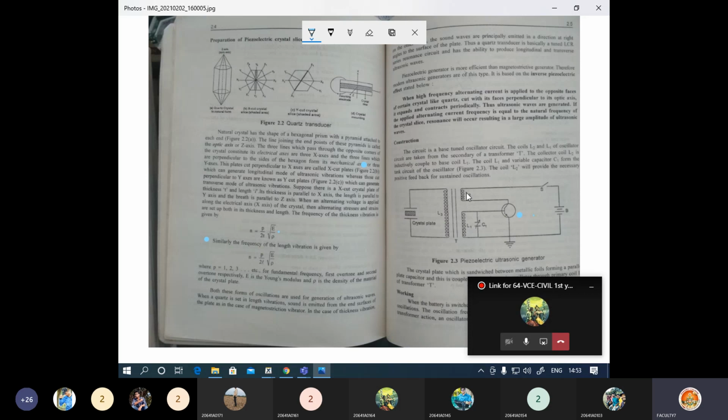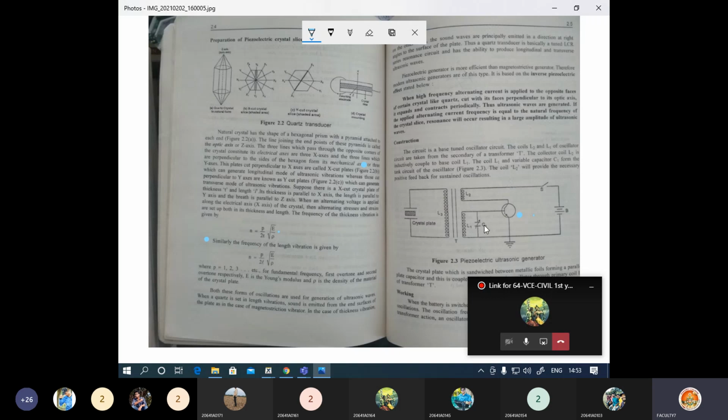Simple thing here: we take a transformer, and in the primary part we place the crystal, and in the secondary we utilize these two coils, and depending on that we construct an oscillator. This is a DC supply, and it creates the variable voltages, and we consider it as the oscillator.